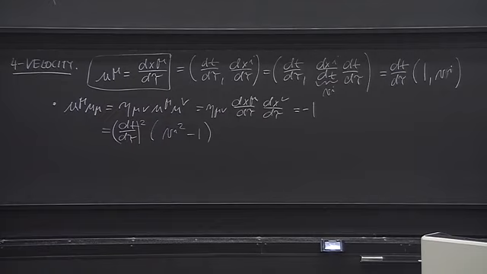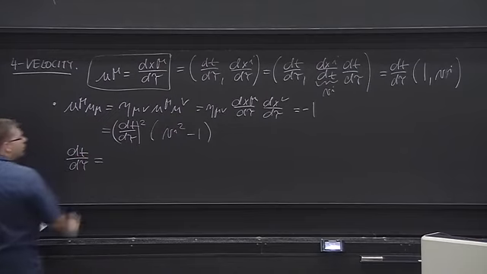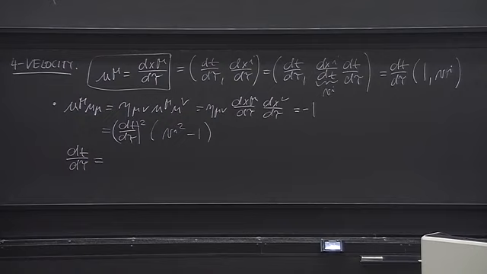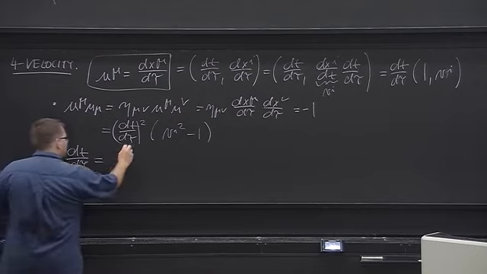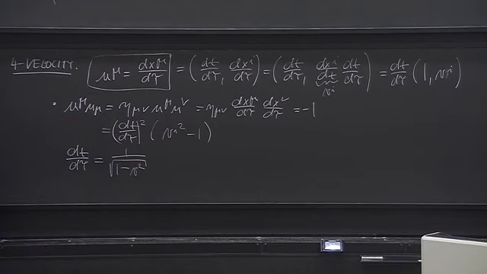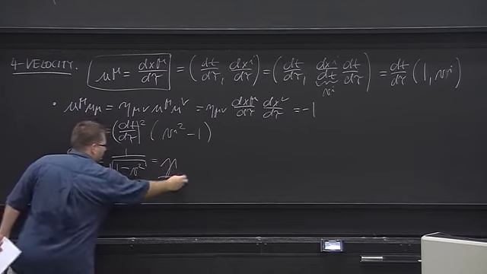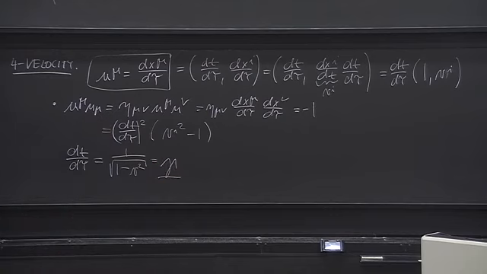And this is equal to -1. So you immediately know what dt/dτ is, and you find that dt/dτ is just 1 over the square root of 1 minus v squared. This is what you call gamma, the Lorentz factor gamma.